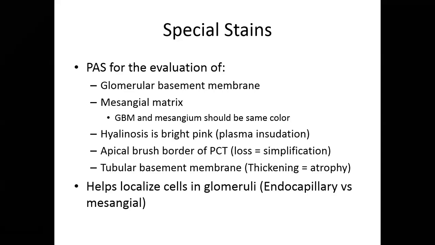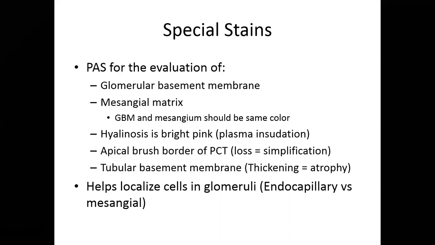Usually the situation would be that the mesangial matrix is a different color than the GBM, and that would be suggestive of maybe amyloid deposits. So if they're not the same color, something's wrong. Hyalinosis on a PAS is usually bright pink. Sometimes it looks hyalinized, it looks glassy.